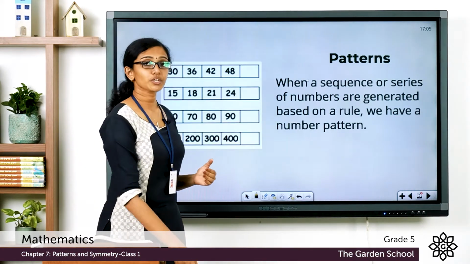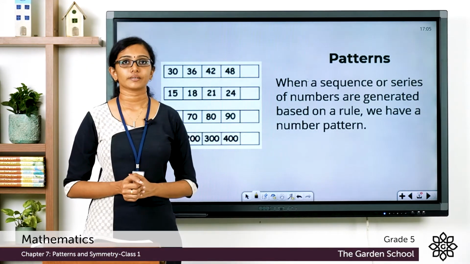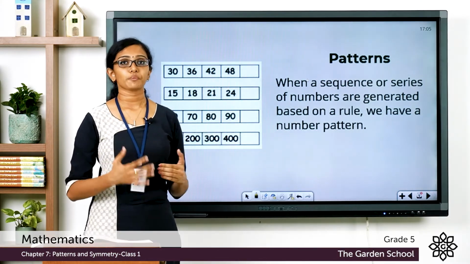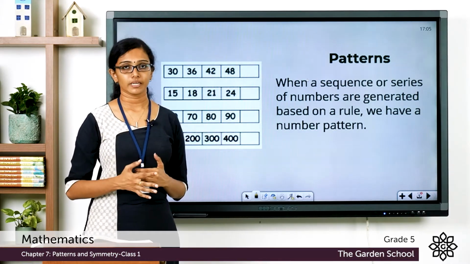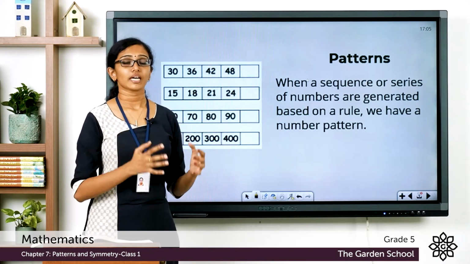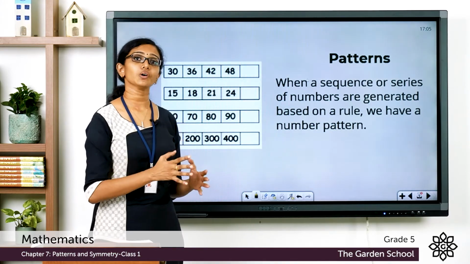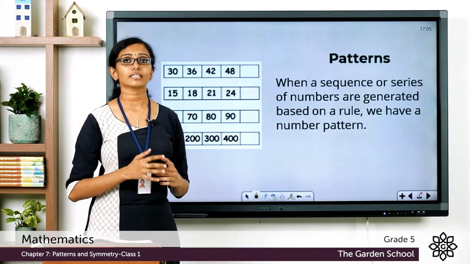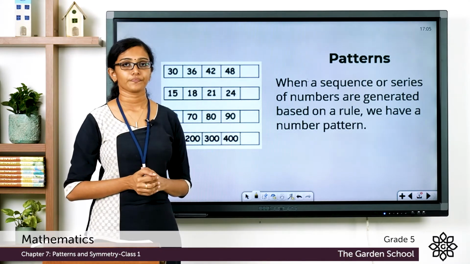And when we talk about number patterns, the numbers may not repeat. A number pattern means we have a sequence or series of numbers that are generated based on a logic or a rule, and it is not needed that the numbers repeat.